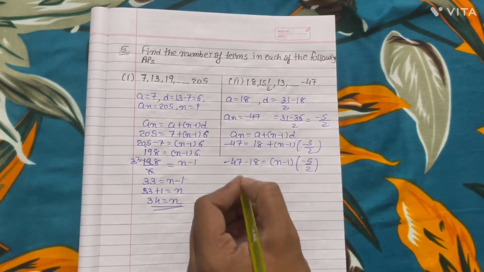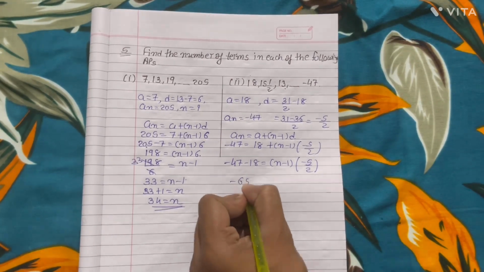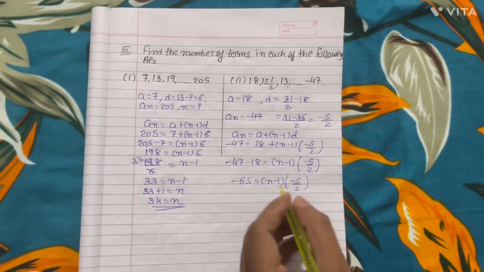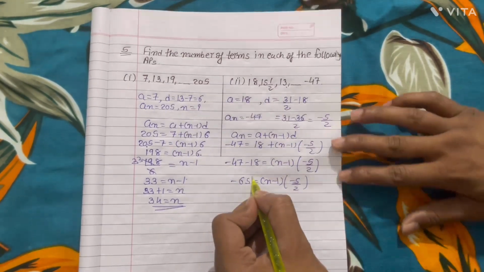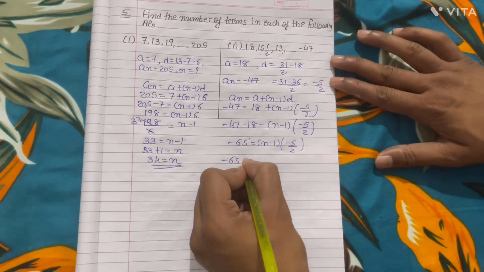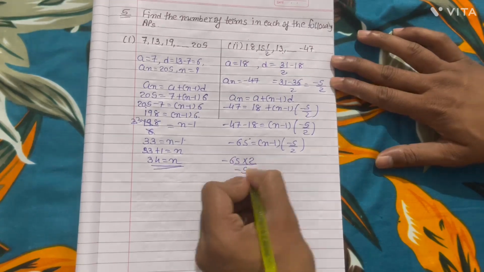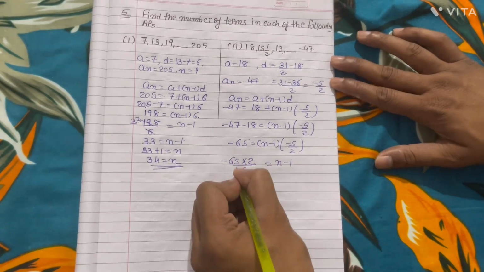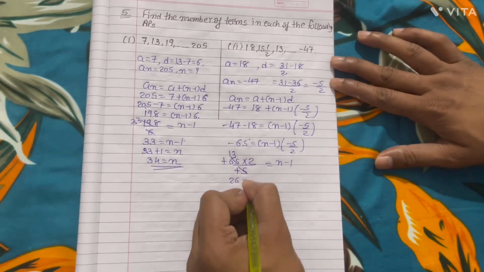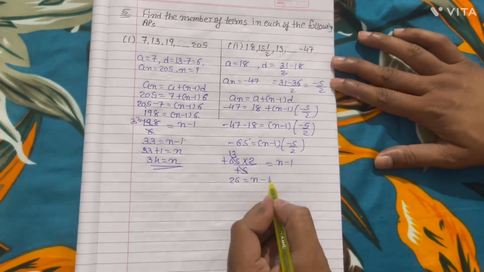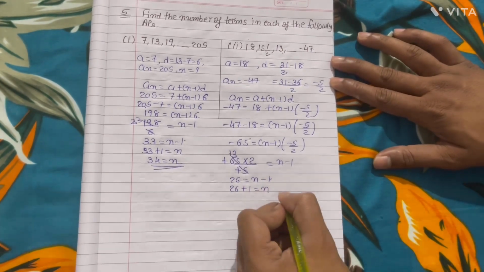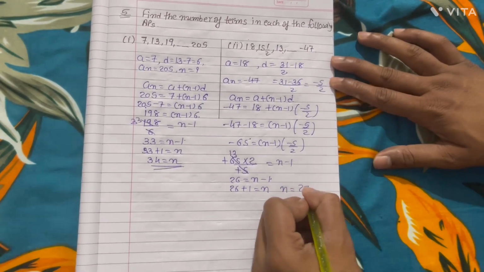So minus 47 minus 18, it means minus 65 is equal to n minus 1 into minus 5 by 2. 2 goes to multiplication and 5 goes in the denominator. Okay. So minus 65 into 2 upon minus 5 is equal to n minus 1. The minuses cancel, 5 thirteens are 65, 13 twos are 26, is equal to n minus 1. Minus 1 goes to the other side, so 26 plus 1 is equal to n. So we get n is equal to 27.